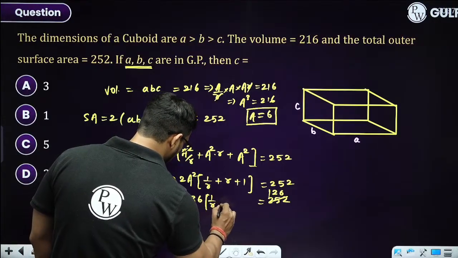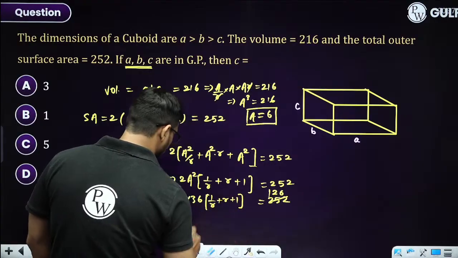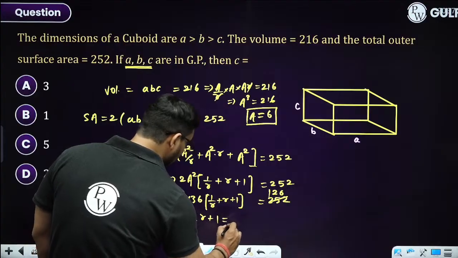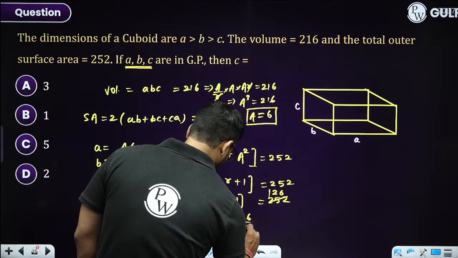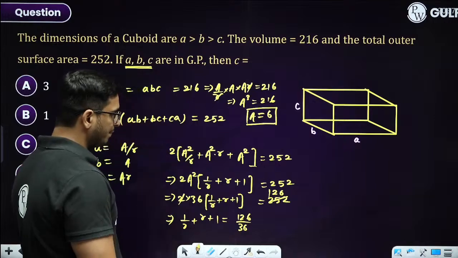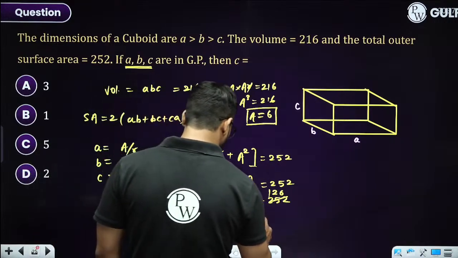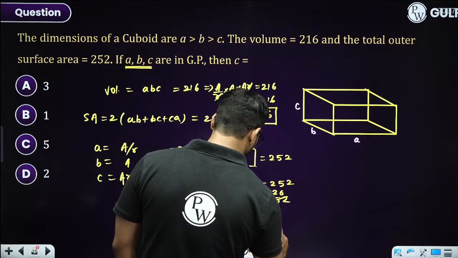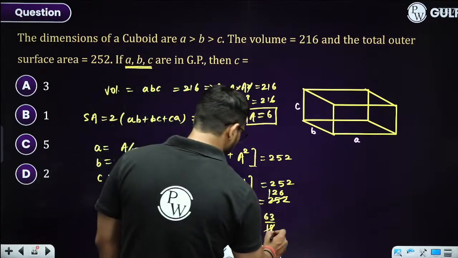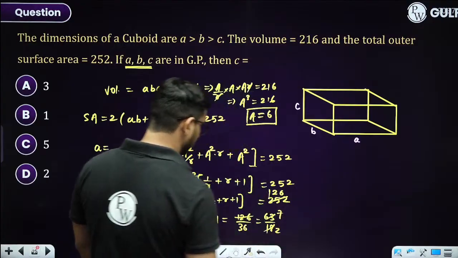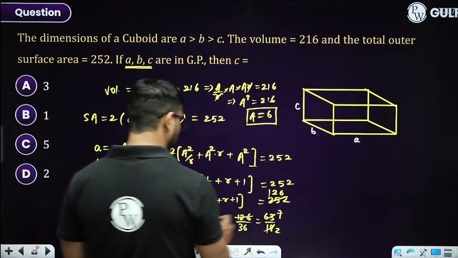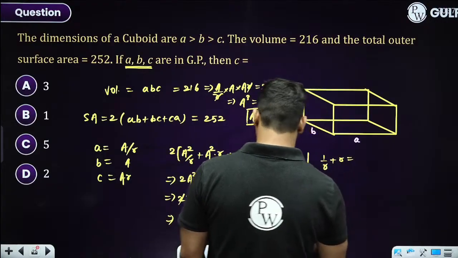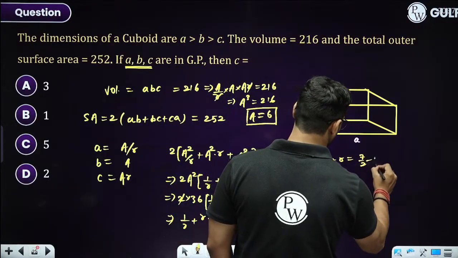Just write 1 by R plus R plus 1 equals 126 by 36. So it should be 63 and 18, 9 2s are 18, 9 7s are 63. So we can write 1 by R plus R equals 7 by 2 minus 1.